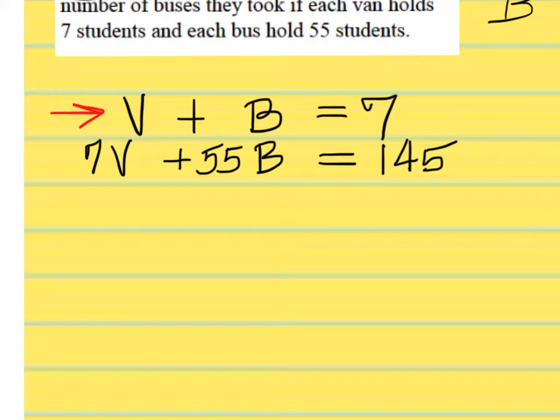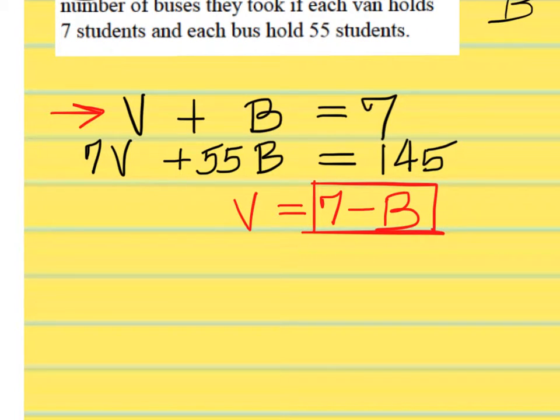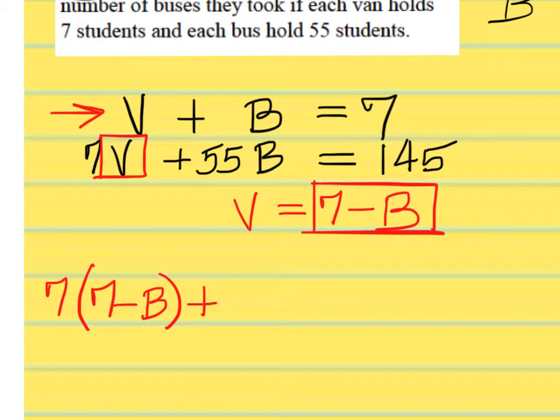You can isolate V or B. I'm going to isolate V by moving the B to the right and making it minus B. When I do that, I can now plug in this expression, 7 minus B, into the V in the second equation and get 7 times the quantity 7 minus B. Close the quantity plus 55B equals 145.